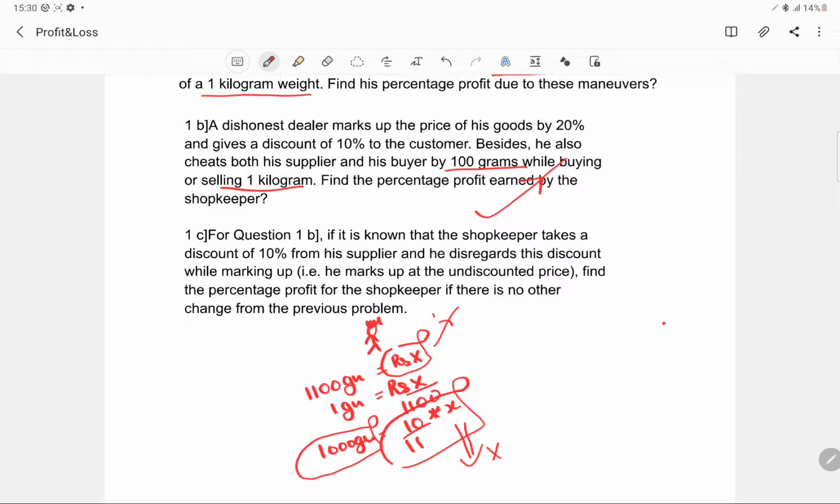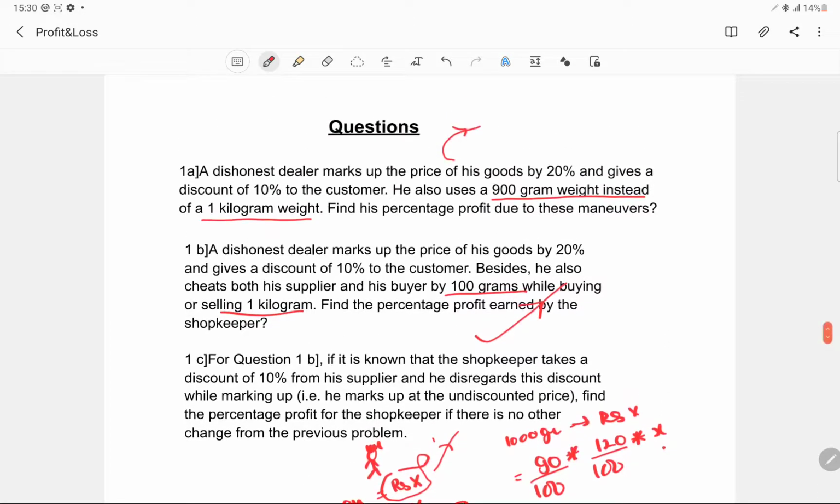So he cannot tell the actual cost. He'd say for 1000 gram it actually cost me rupees X, and then he'll say okay, I'll mark up the price by 20%, and then I'll just discount you, and this will be the price for 1 kg.